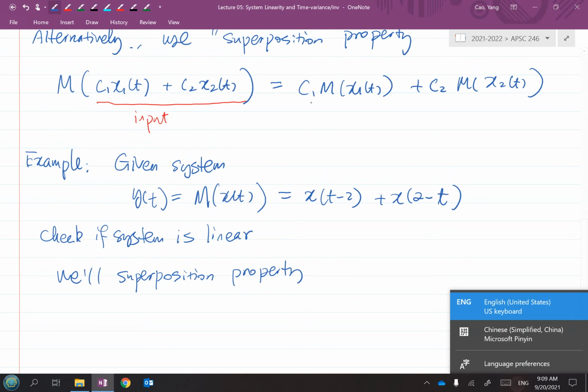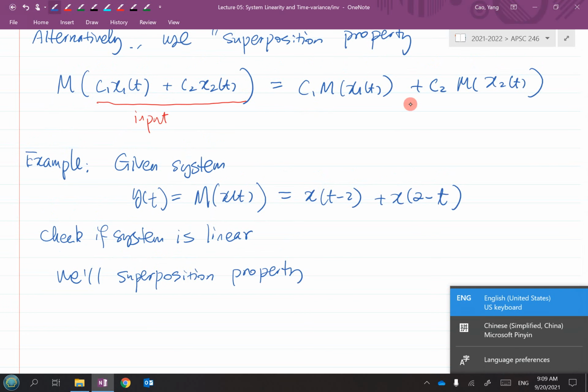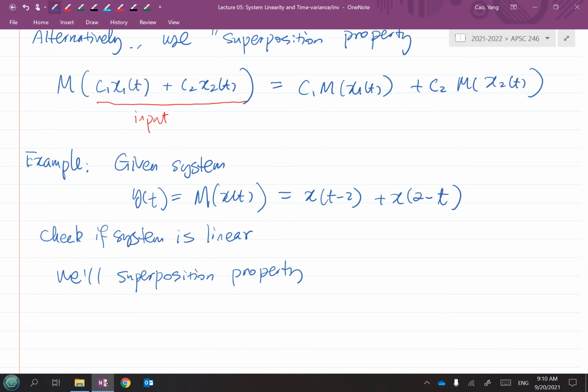I'm also going to check this term on the right side, and then make sure that these two terms are the same as each other. If I can show that these two terms are the same as each other, then our objective is reached, so the system is linear. If I can show that the two sides are not the same as each other, then it's nonlinear. So that's the idea.